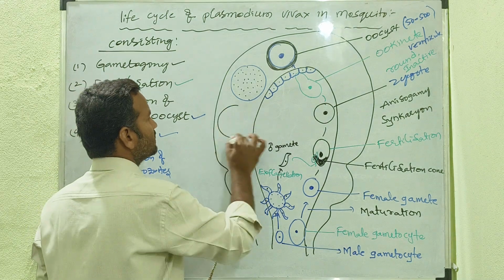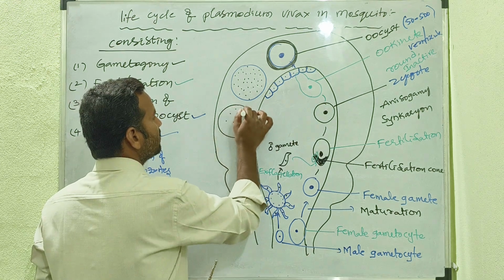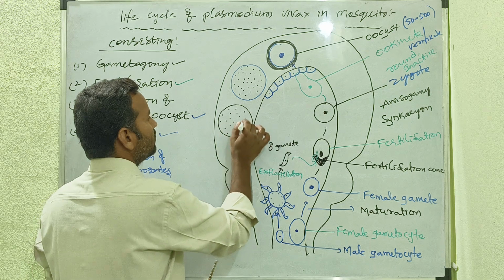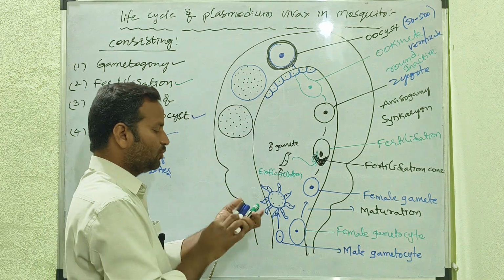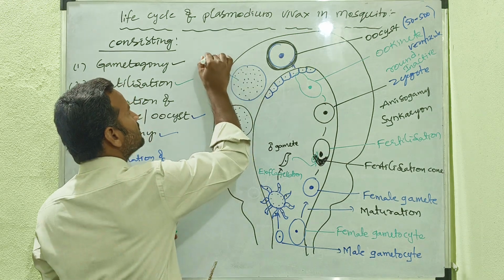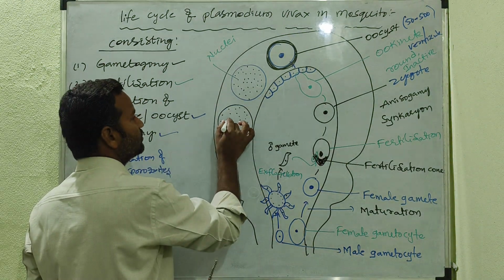Now, this is the next stage. In this stage, all are nuclei. All of these are formed as sporoblasts. In this stage, which all are nuclei?